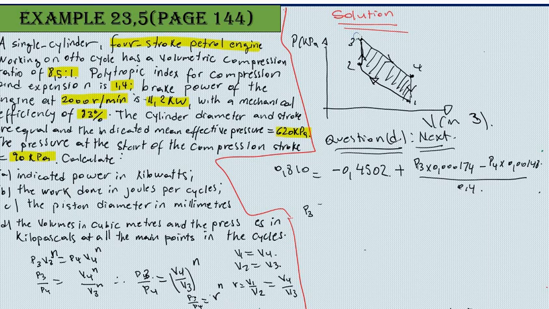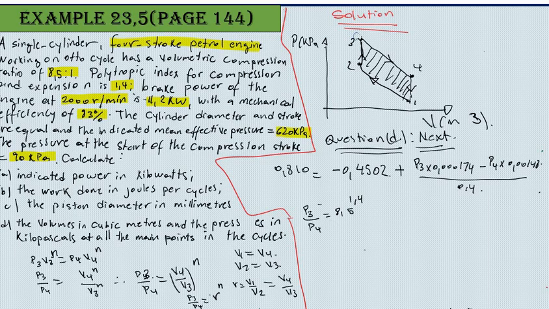So I then have the relation in which we have P3 and P4. So P3 over P4 is equal to, I have the value of R, which is 8.5, and then I have n, which is 1.4.